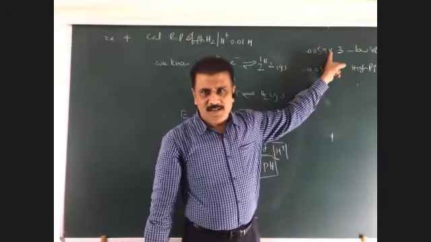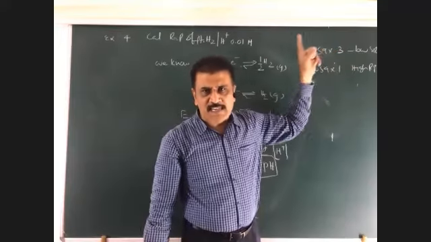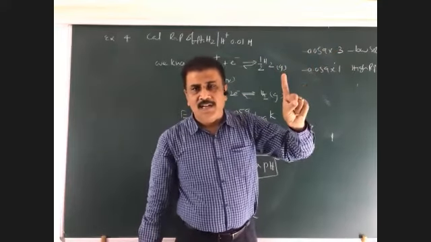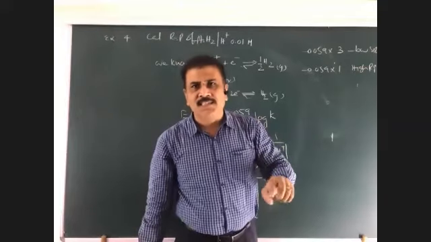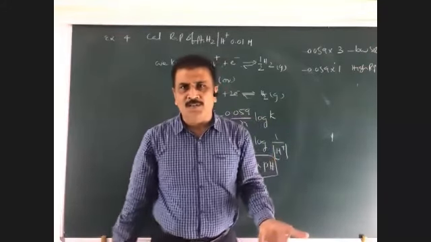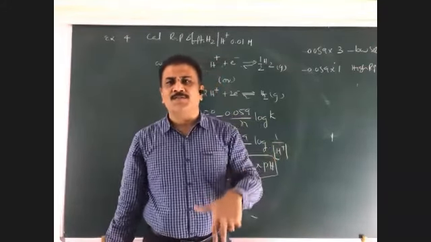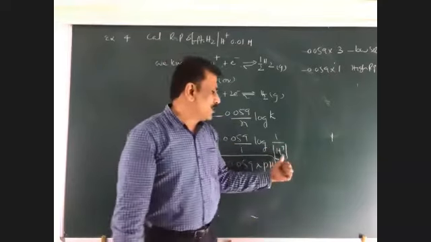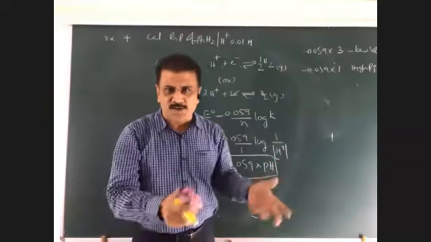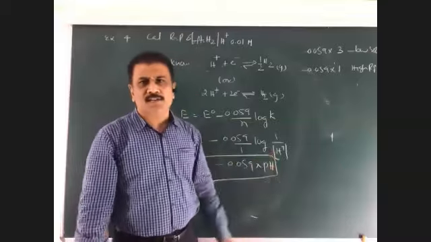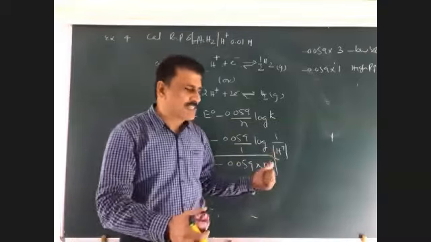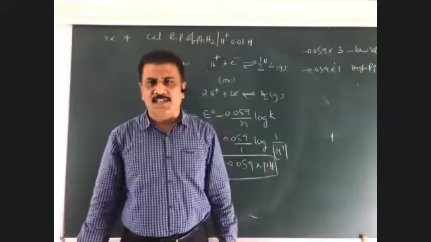Low reduction potential acts as anode. High reduction potential acts as cathode. Lower SRP electrode acts as anode. Higher SRP electrode acts as cathode. Simple point. Therefore, an electrode with higher pH serves as anode. An electrode with a lower pH serves as cathode. So based on this also, an EMF can be constructed, a full cell can be constructed.